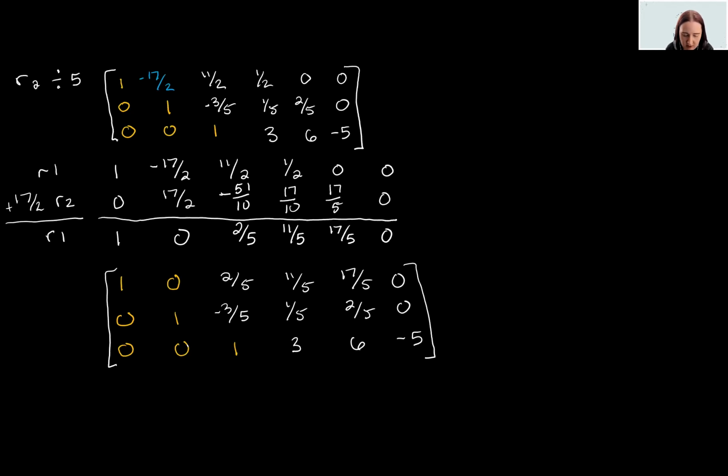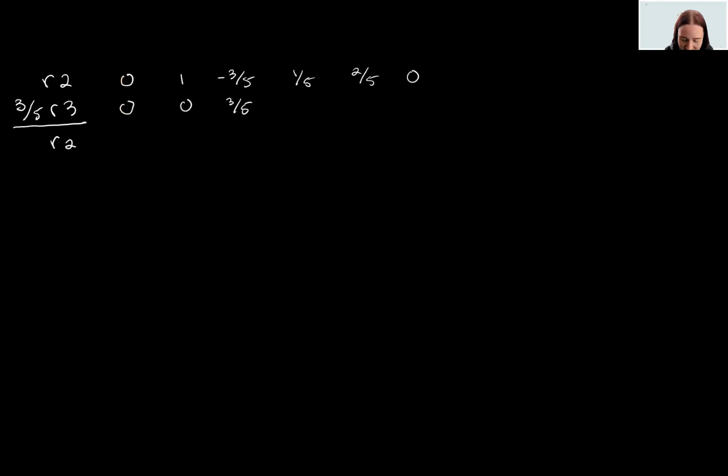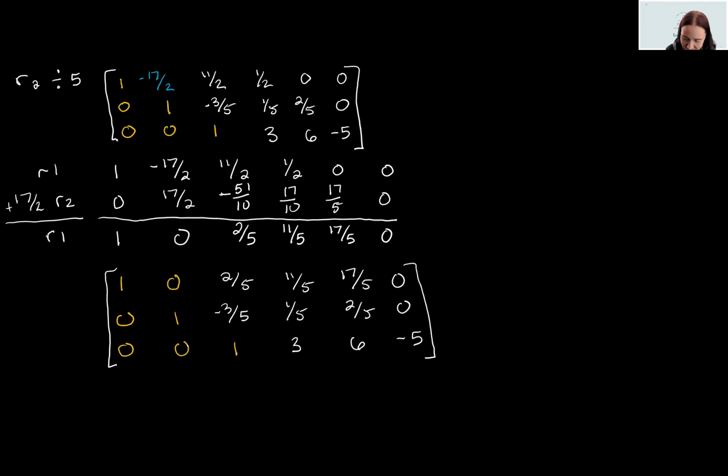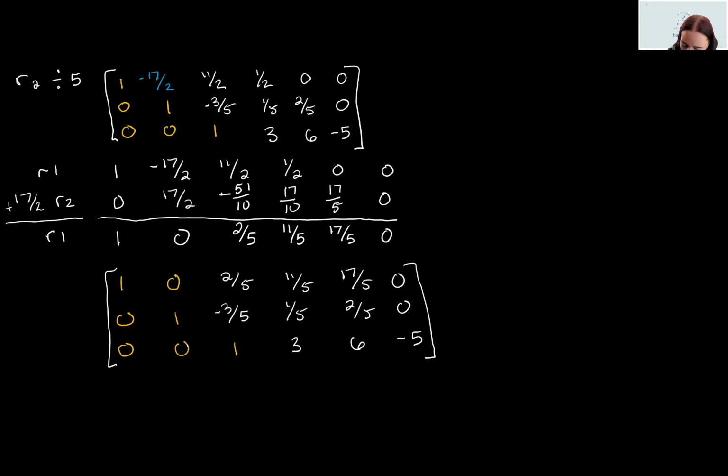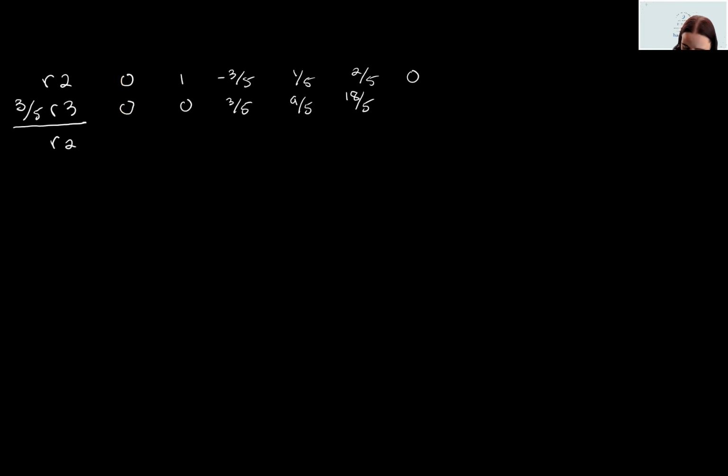I know I can do that in my head, but you don't want to make any mistakes here. 9/5. 6 times 3/5. 18/5. And then negative 5 times 3/5. And that comes out to negative 3.